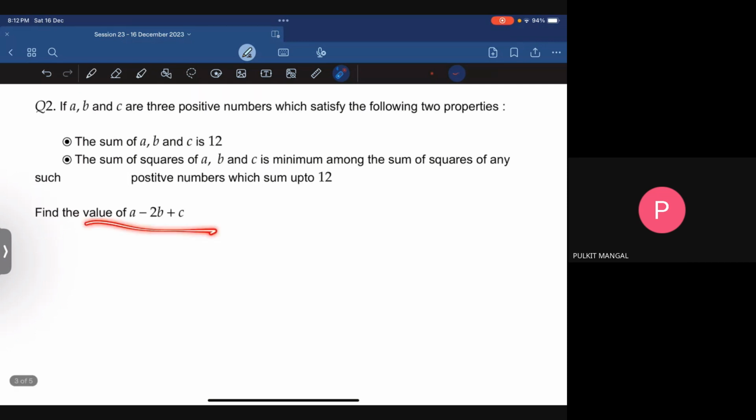Find the value of a minus 2b plus c. So how can we proceed with this question? Anybody would like to tell? We have been given two conditions, and satisfying both of them, we need to find three numbers a, b, and c. So how should we proceed with this?